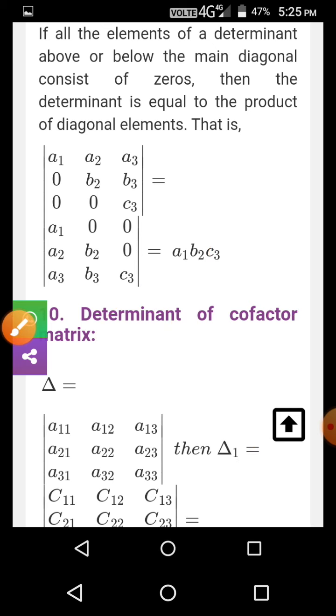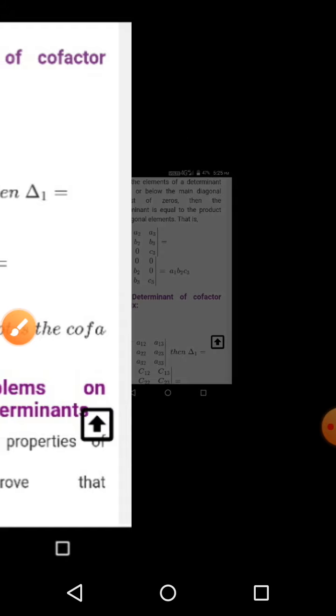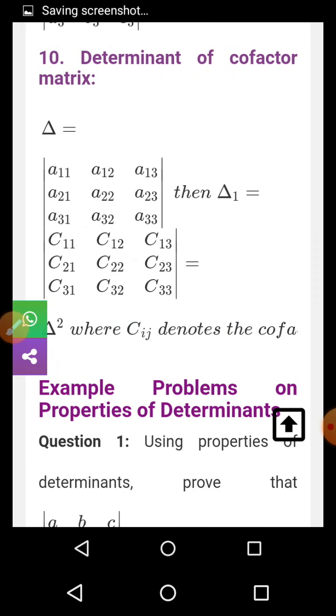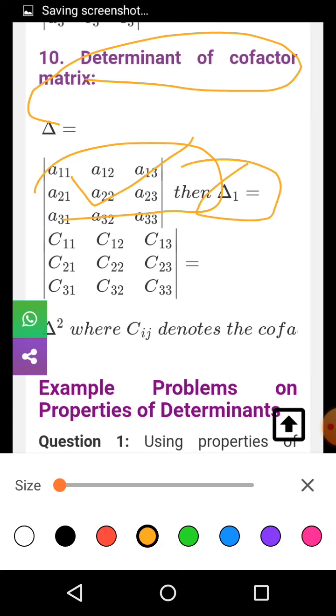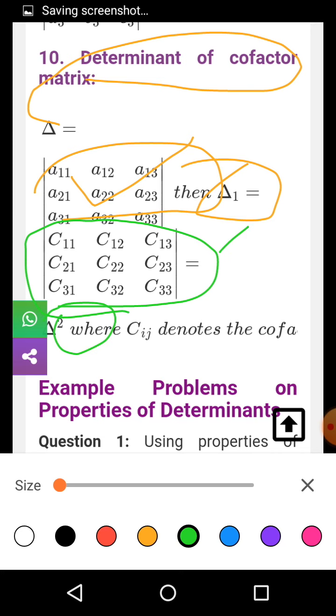Right now you can just understand, I am repeating it here. This is the 10th property, determinant of cofactors. Suppose delta is the original determinant, and delta 1 is the determinant formed by all the cofactors, then delta 1 is equal to delta square if the order is 3. Even if the order is not 3, we will see what the value of the determinant will be.